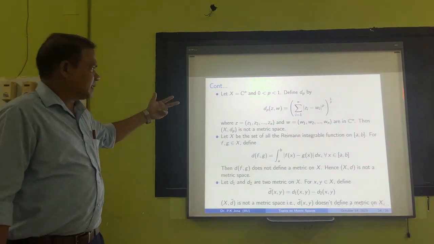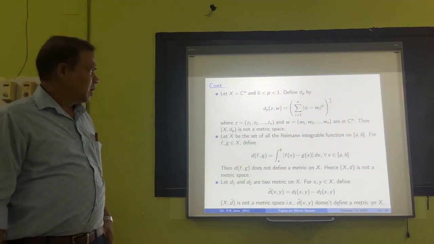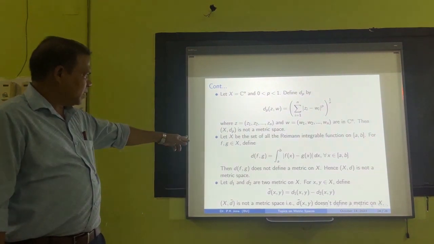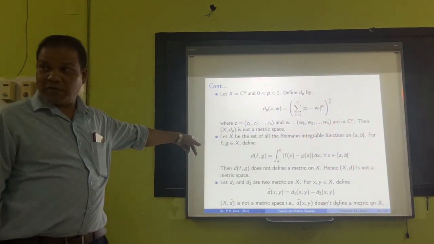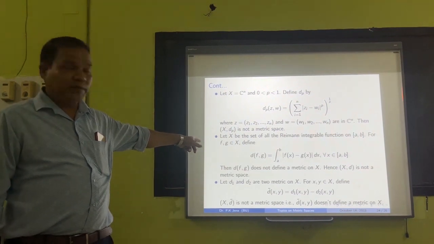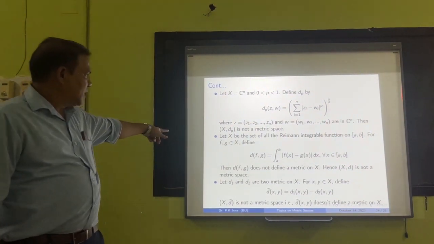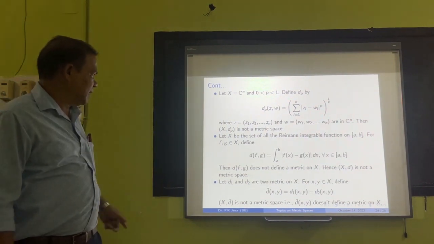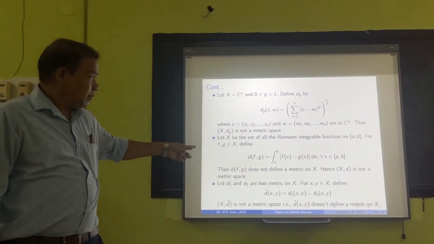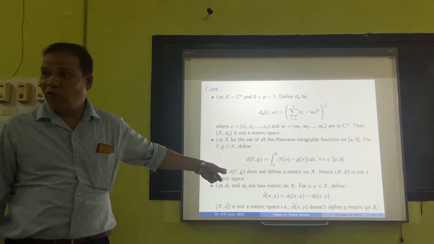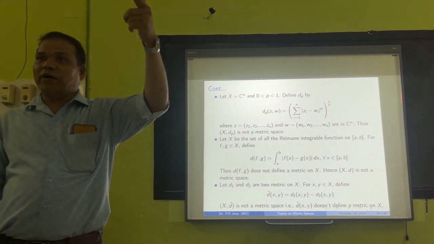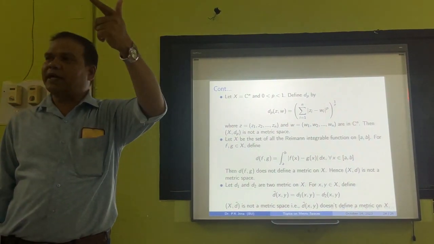Similarly, we take the set of Riemann integrable functions on the closed interval [a, b]. Here we are defining one metric. It is not a metric on the set X. Similarly, one property from our algebra: if D1 is a metric on X and D2 is a metric on X, is D1 plus D2 a metric? Yes.